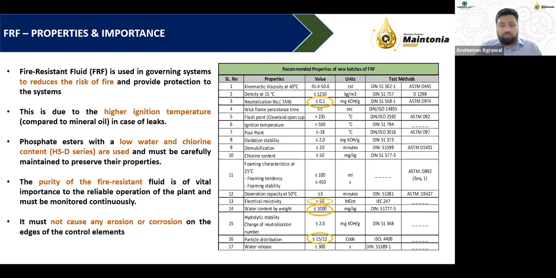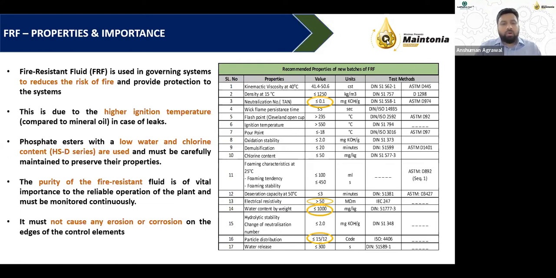The most important parameter which has come across a lot of professionals in the field is the neutralization number, or the TAN number. In fact, it's one of the nightmares for at least 25 plants around us who have been reporting extremely high levels of total acid numbers, which easily gives an opinion that acid number increase in phosphate esters is a common phenomenon.